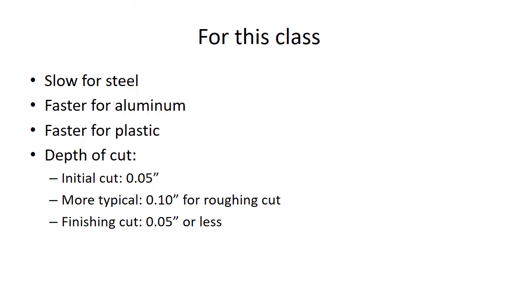So if you get into a place where you really need to calculate speeds and feeds, pull up a free app, let them do the calculations for you. But in this class, you're going to be machining. You could be running the machine slow for steel. We're actually not going to machine any steel.